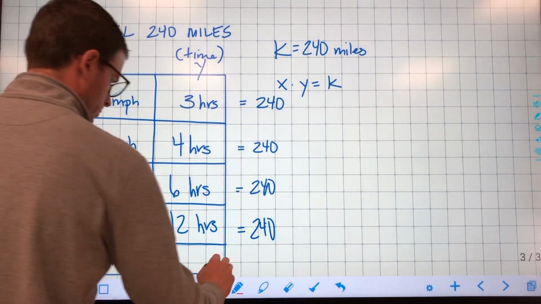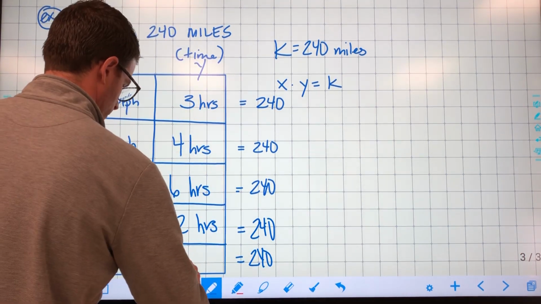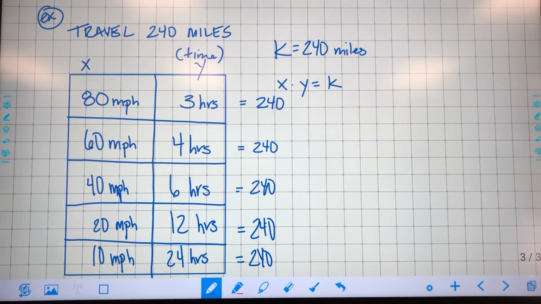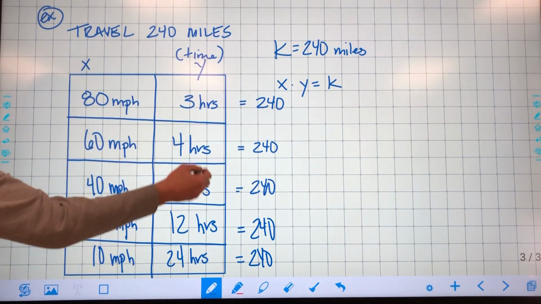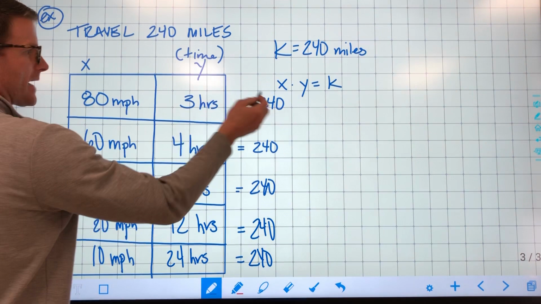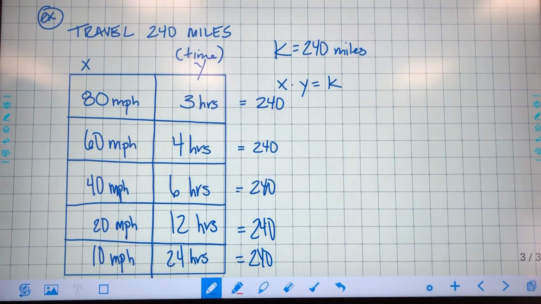And 10 times what gets me 240? 24 hours. So we ask, is this an inverse variation relationship? Well, as one variable decreases, the other variable increases, and each time I multiply the input by the output, I get a constant of 240. So yes, this is inverse variation.